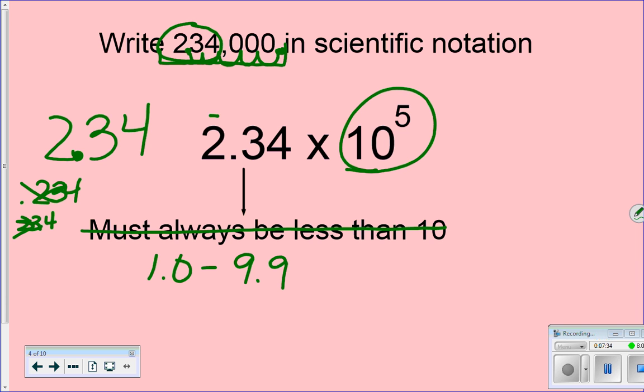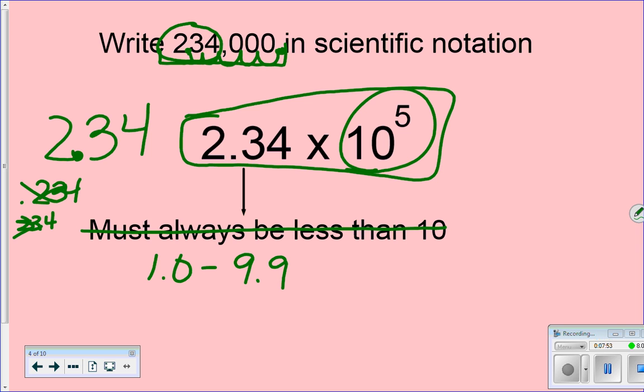This is my answer, all together. It's going to be that first part, and then times 10 to the 5th, because that 10 to the 5th tells me I moved my decimal how many spaces? 5. And when I did that, did I come out with my big number? Yep. So this is the answer.